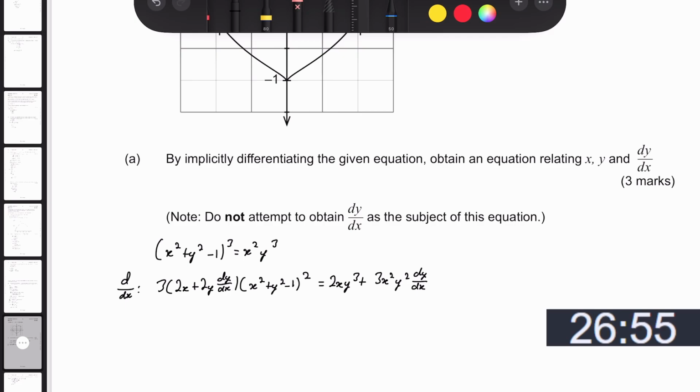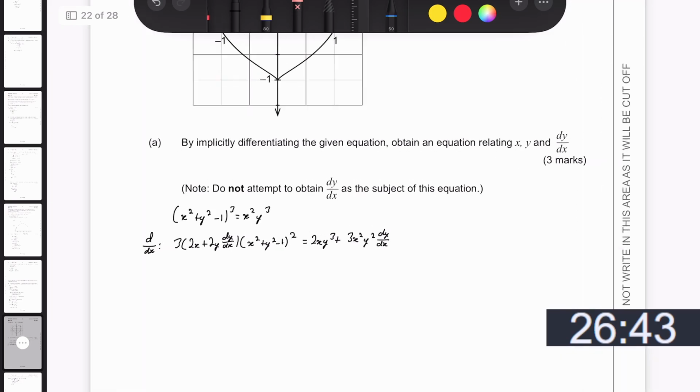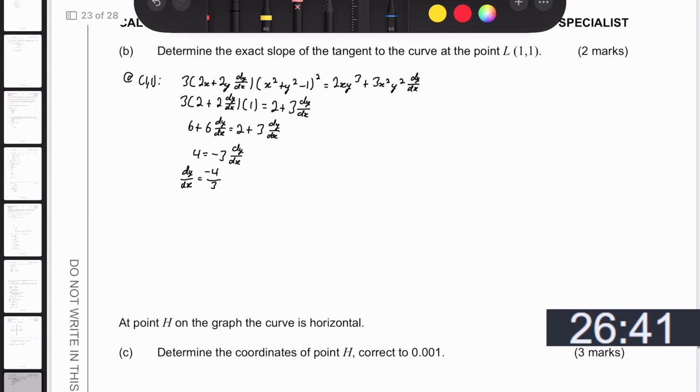Yikes, that is quite ugly. So I can say this, given that x is equal to 1, given that y is equal to 1, negative 4 on 3, nice, okay.